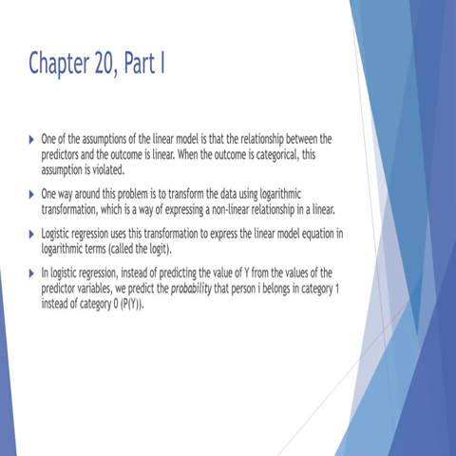Okay, in logistic regression, instead of predicting the value of y, like we do in linear, from the values of the predictor variables, instead of predicting how many years of school you completed, we predict the probability that person i, whoever we're focusing on, belongs to category 1 in the dependent variable instead of category 0. So the probability that y equals 1.